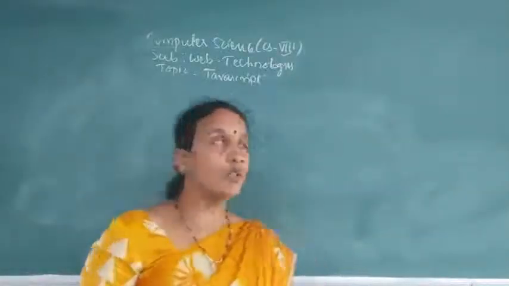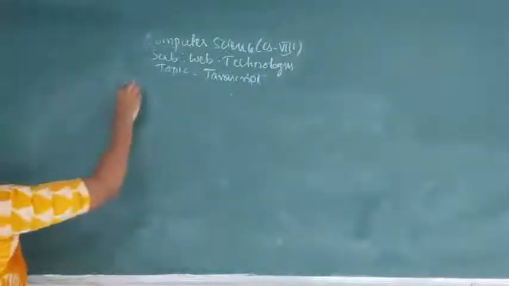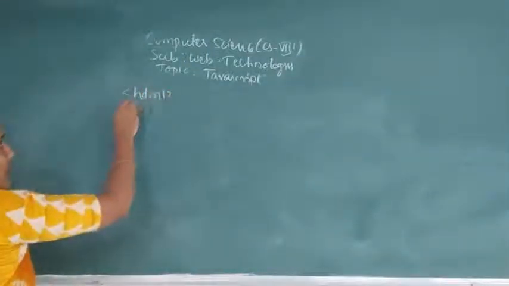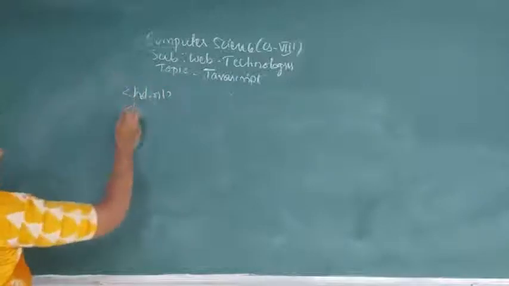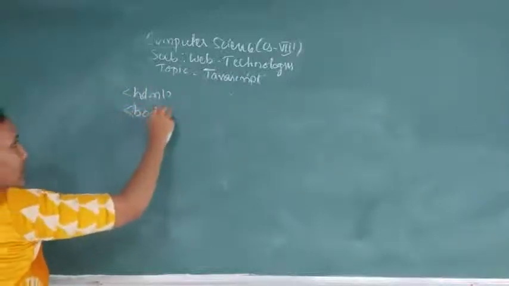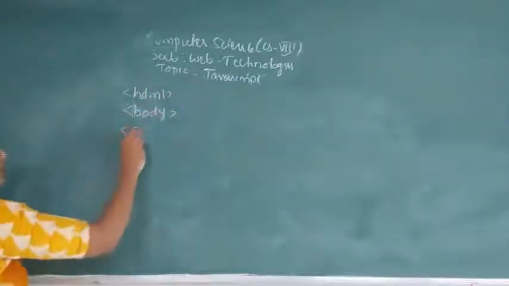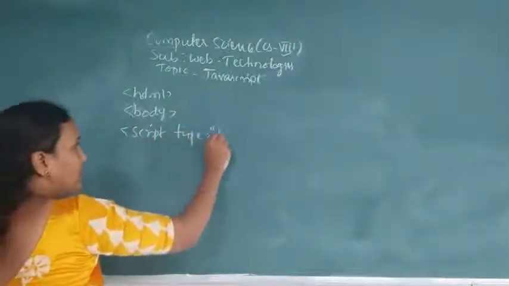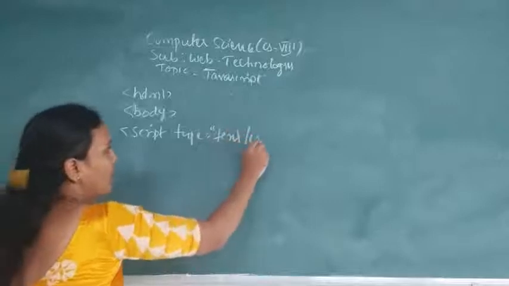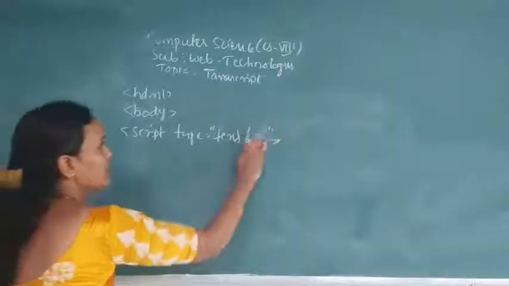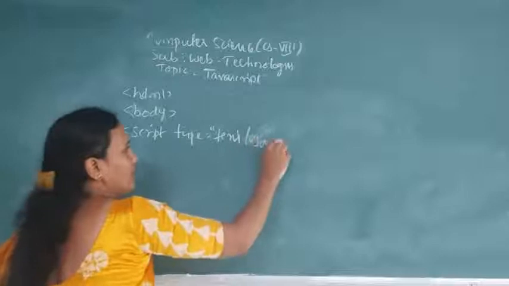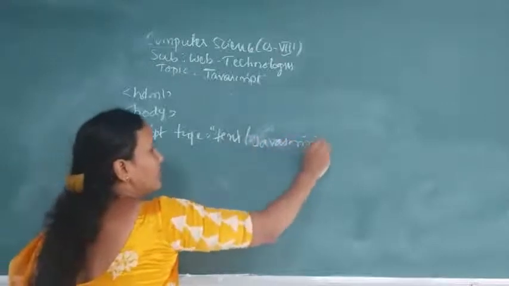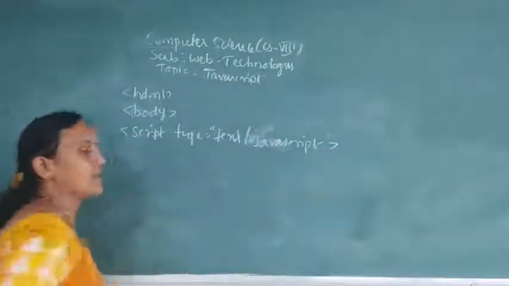So now in the HTML document, how to declare this: you write the HTML, head, and later inside the body tag, script type equals text/javascript.